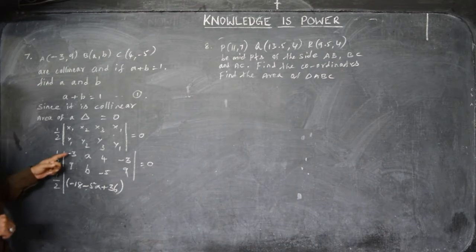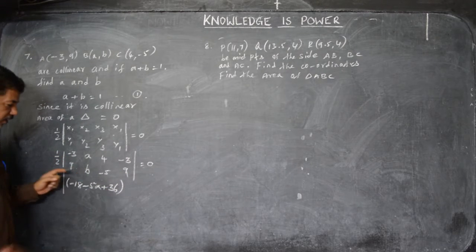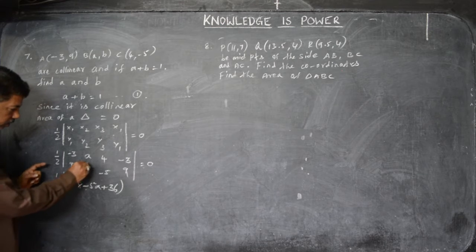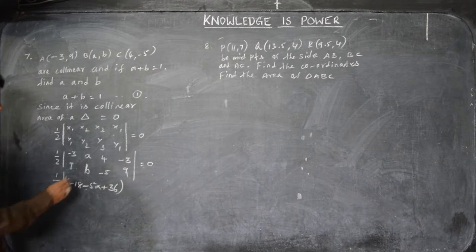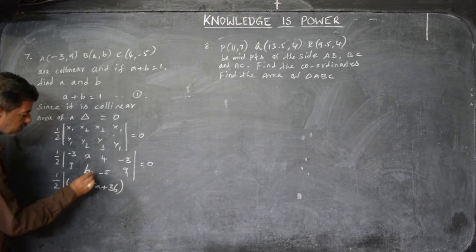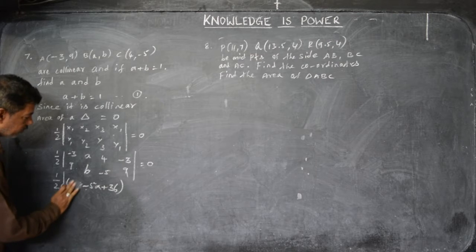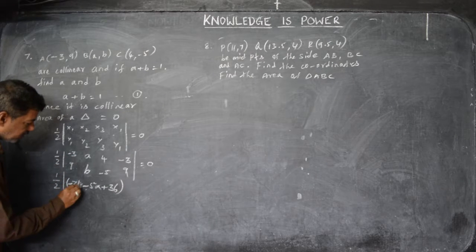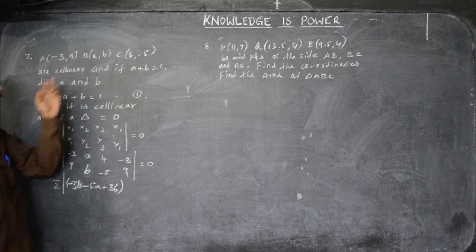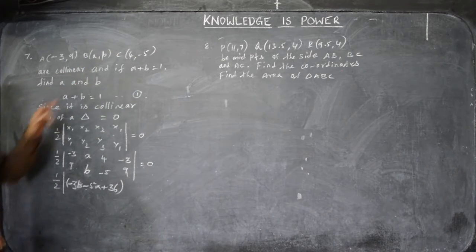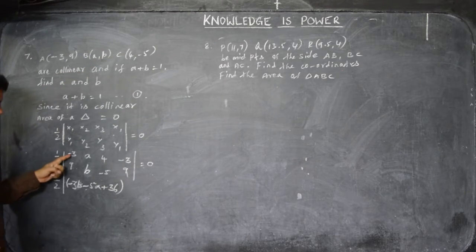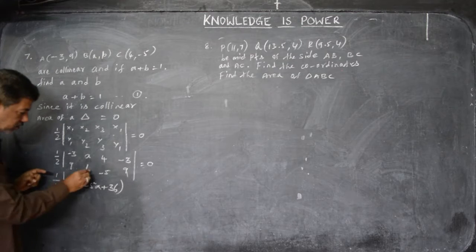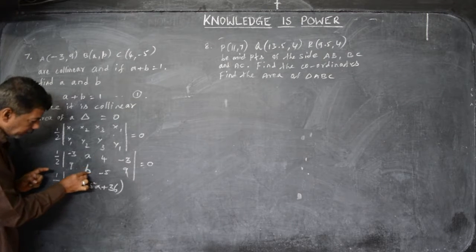It's clear? 3 into 6... wait, this one is B, not 6. Then it will be changed. 3 into B, minus 3B, not 6, that is 3B. Minus 3B. This is not a 6, so be careful in that, B.